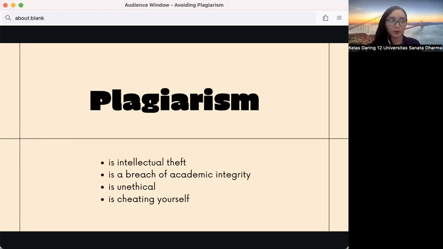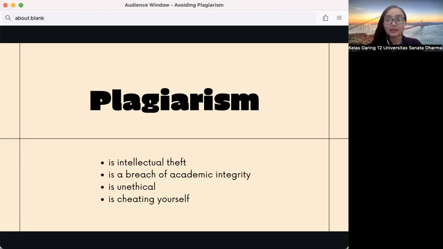Plagiarism can take many forms, from deliberate cheating to accidentally copying from a source without acknowledgement, or even accidentally copying your own writing.